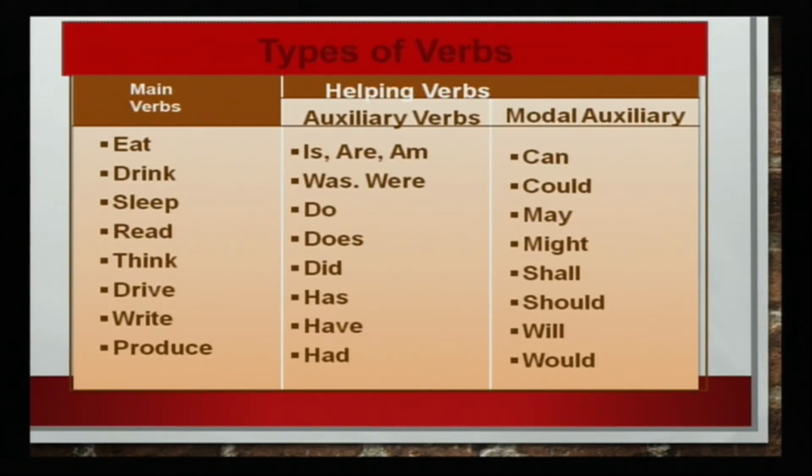Some are called auxiliary verbs like is, am, are, was, were, do, does, did, has, have, had, and modal auxiliary verbs, which are taken from the modals: can, could, may, might, shall, should, will, would. So, these are the types of verbs that you notice in all three kinds of sentences.